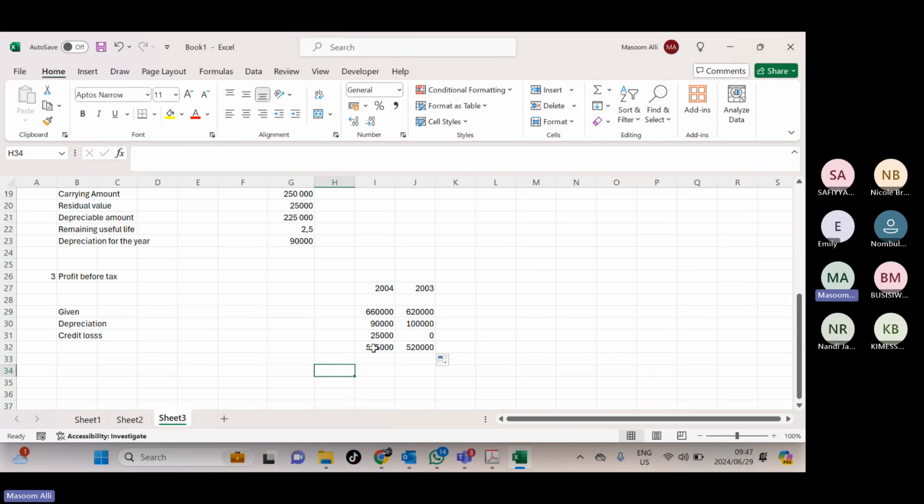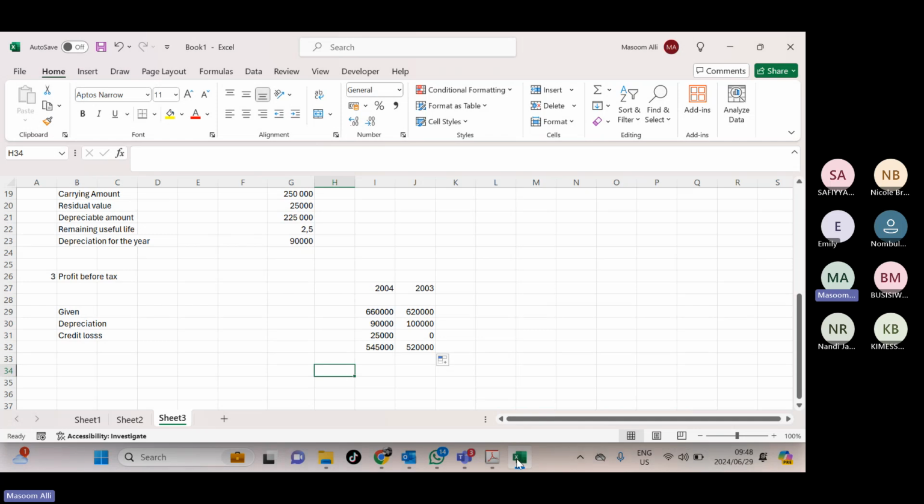Okay, so that's basically how you'd do the profit before tax calculation, and then get to that figure. Like I said, it should be pretty straightforward to calculate the profit before tax. I don't think that should be giving you guys any headaches.